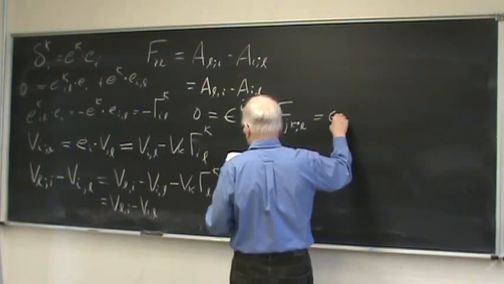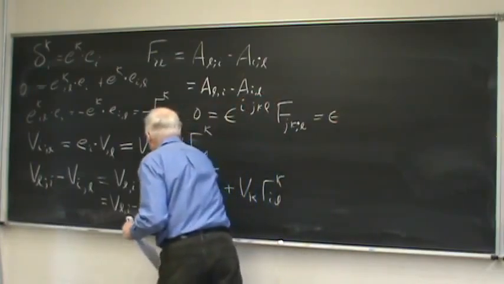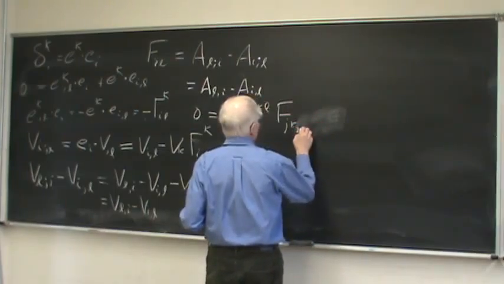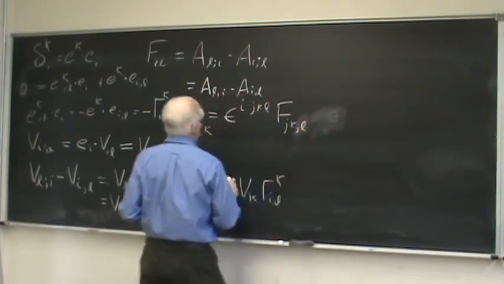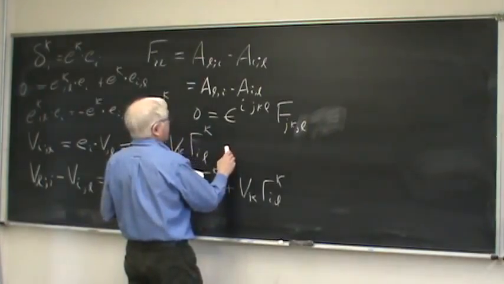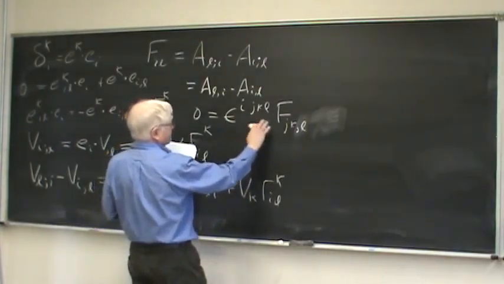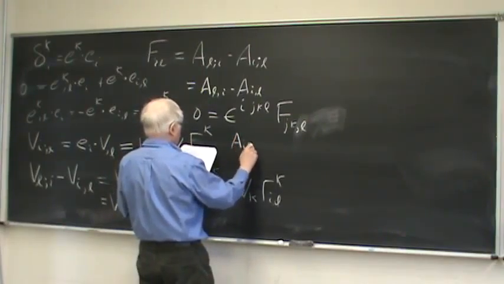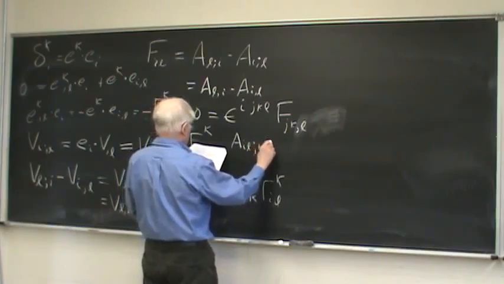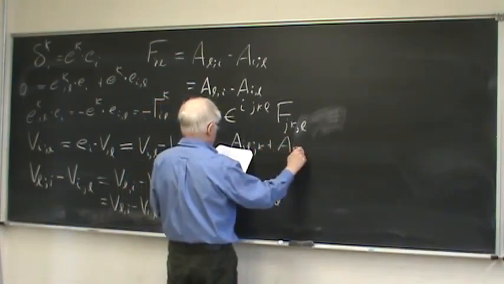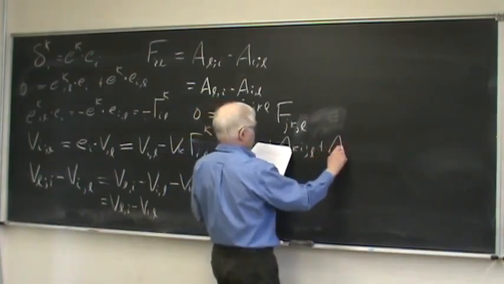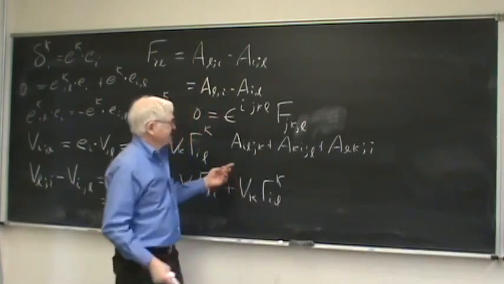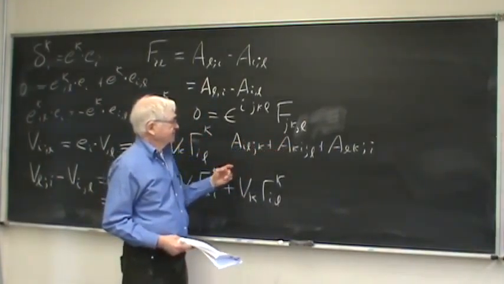Let's put in a semicolon. We have epsilon, well, all right, let's just leave it with a comma, JKL, and let's just compute what this would be. Let's just go to A_iL semicolon k plus A_ki semicolon L plus A_Lk semicolon i. So that's basically what is happening here.